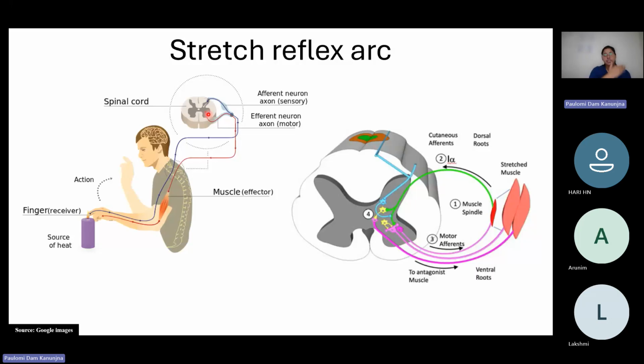This efferent neuron comes out of the spinal cord and is basically the motor neuron. Motor because it is going to do the movement activity. It takes it again to the muscles, because a muscle has to move. But this time the muscle is called the effector muscle, whose fibers are generally the extrafusal fibers.